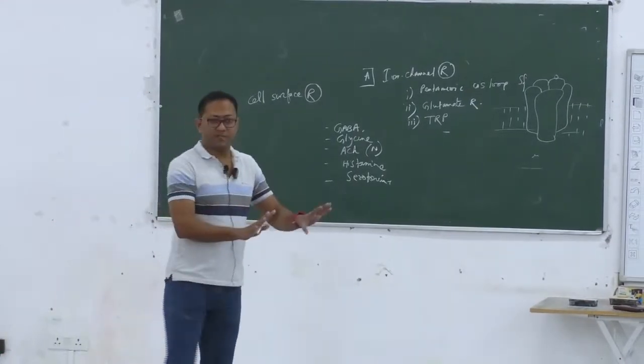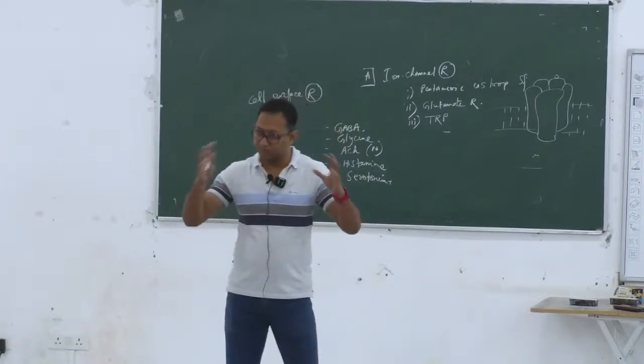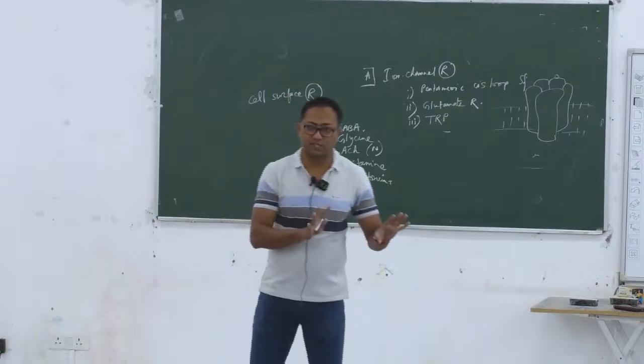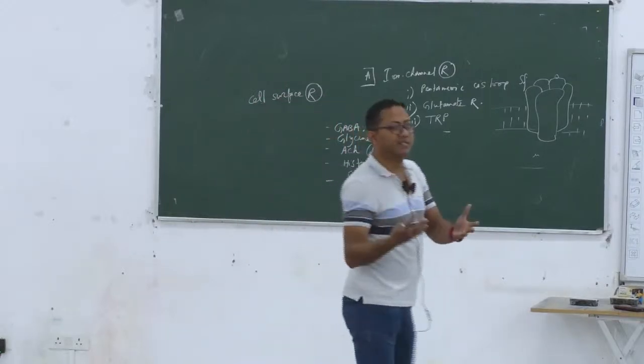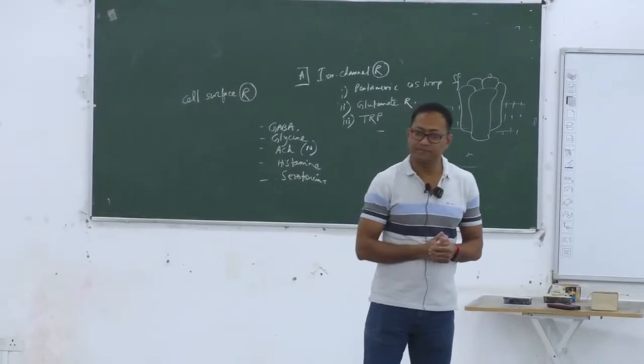So neurons will be inhibited. If we inject GABA to a patient, the patient will be drowsy. There will be less neuronal excitation. And the opposite, if we inject glutamate to the patient, it will increase neuronal excitability, right?